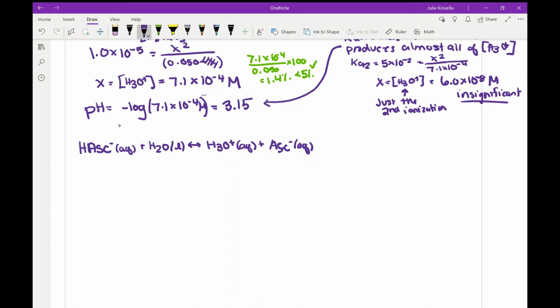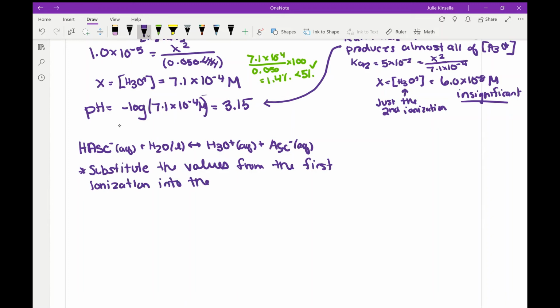So for this part here, we're going to be substituting the values from the first ionization into the second to find ASC with a negative 2 charge.